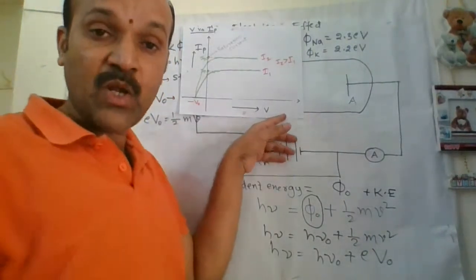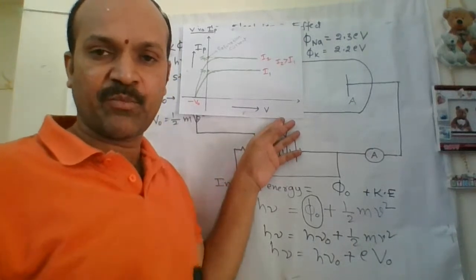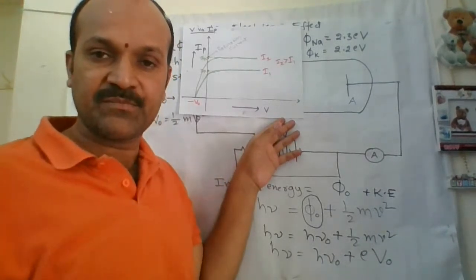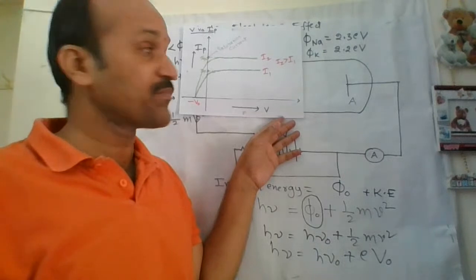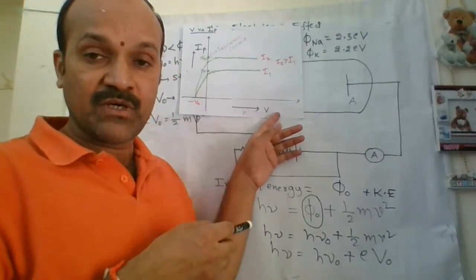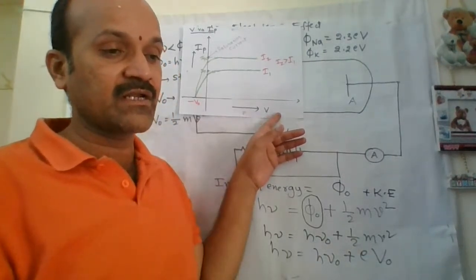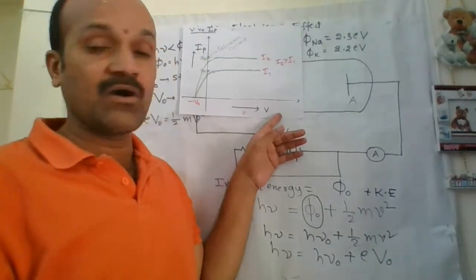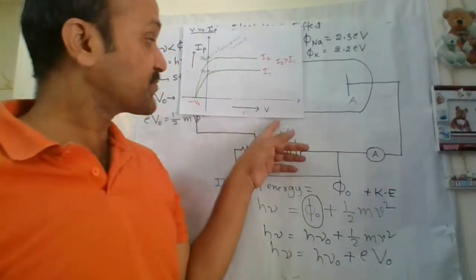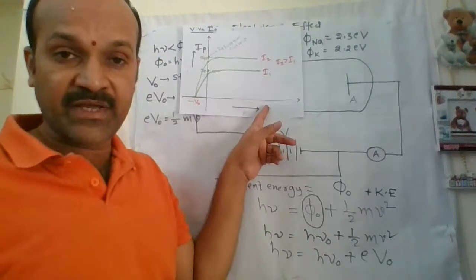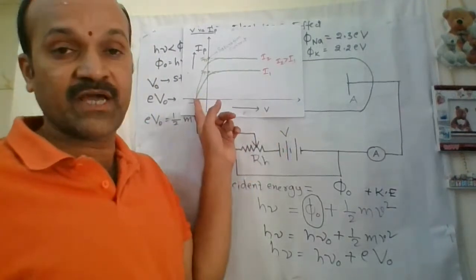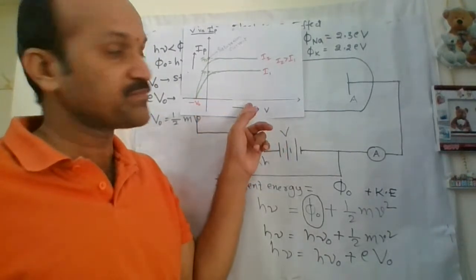Now, these are very, very important and of course very interesting. Listen carefully. What we are discussing here is the effect of potential on photoelectric current. On the x-axis we have taken potential, on the y-axis we are taking photocurrent.